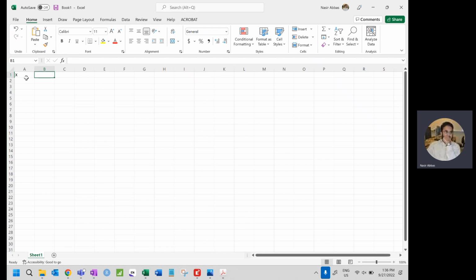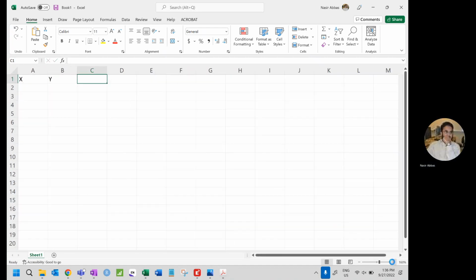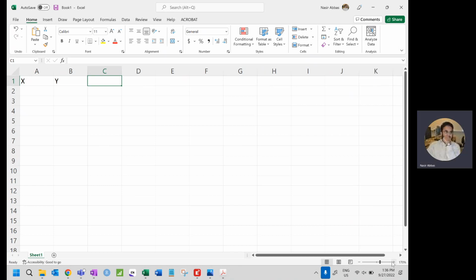Let's say this is your X and this is your Y. Is it big enough? And let's say this is the data: 2, 3, 5, 6, 8, 10. And here we have 15, 13, 10, 11, 8, 9.